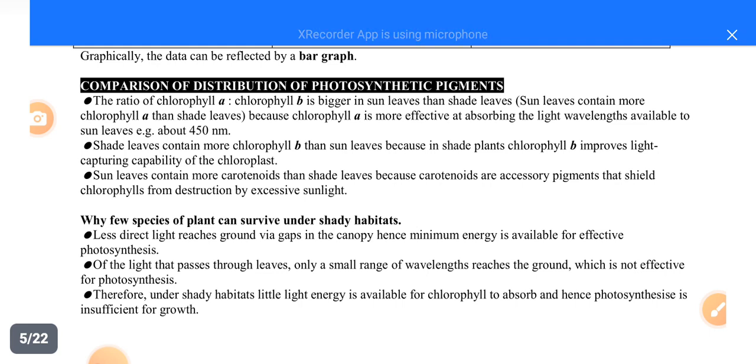So sun leaves contain more chlorophyll A than shade leaves, because chlorophyll A is more effective at absorbing the light of wavelength available to sun leaves, e.g. about 450 nanometers. Then shade leaves contain more chlorophyll B than sun leaves because in shady plants, chlorophyll B improves the light capturing capability of the chloroplast.